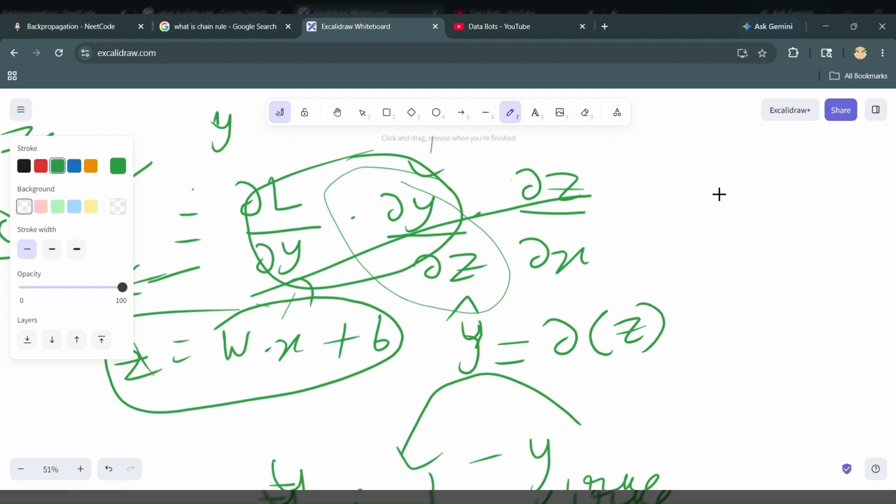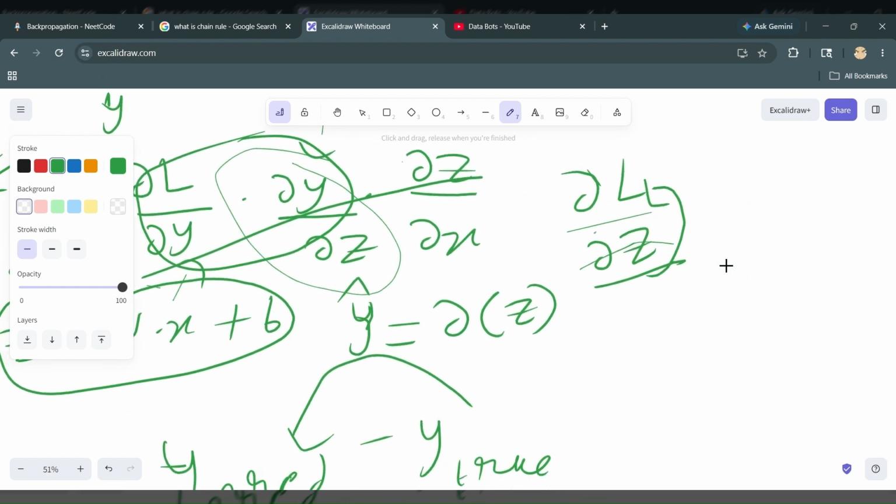So that will make this dL by dz. So how the loss is affected by z, the sum of the inputs. So we completed this part, and using this delta we are going to find the value in the end.